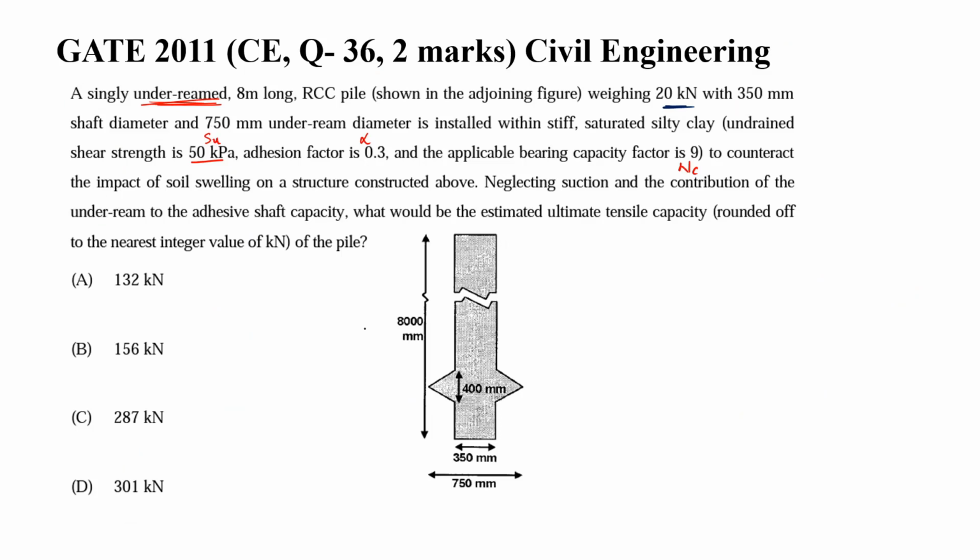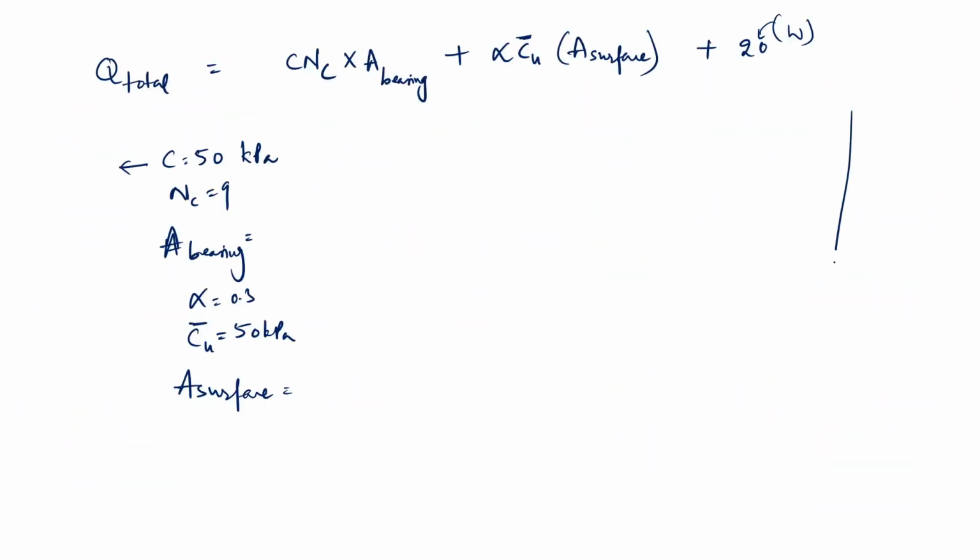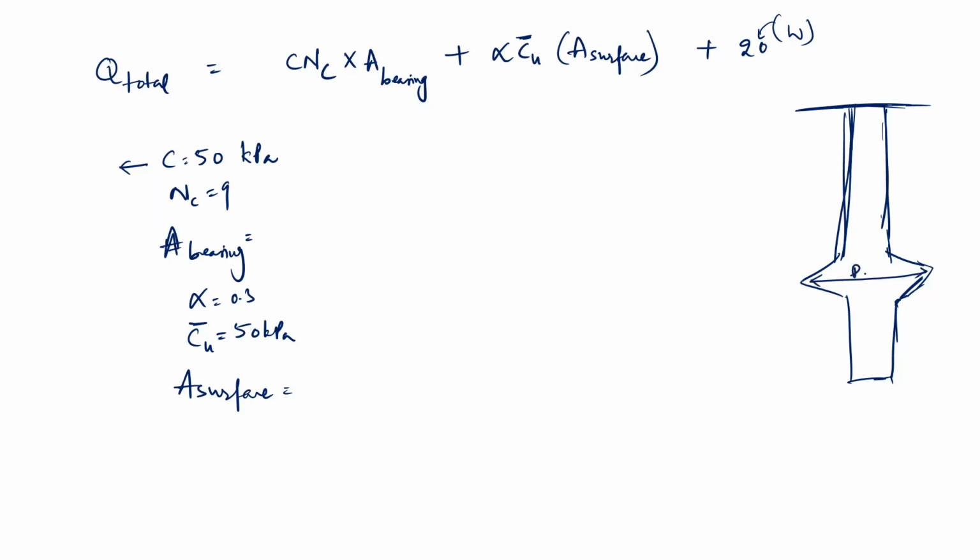So see, 50, alpha is 0.3, Nc is 9. Here I'll just draw. This is the diameter of the bulb, denoted by dB, and this is just D. The total length is L, and the length of the bulb is LB.